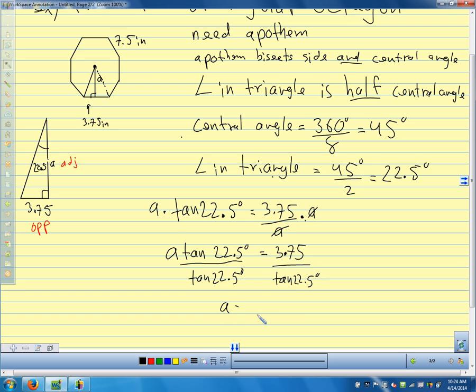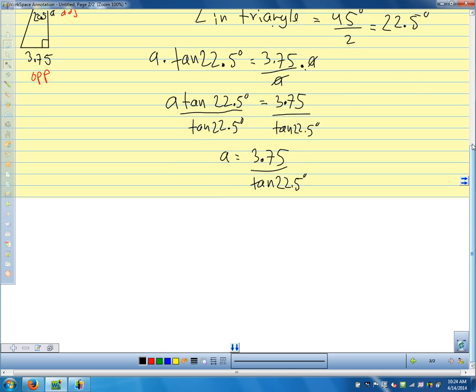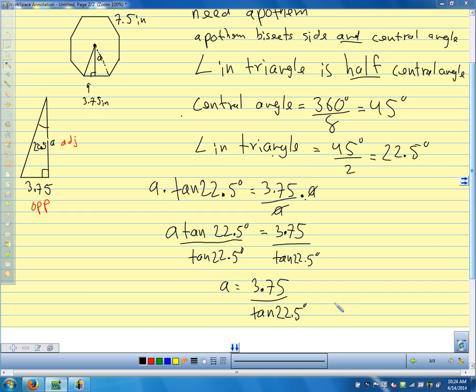So A equals 3.75 divided by the tangent of 22.5 degrees. Plug that into my calculator, just like that, and I get A equals 9.05.